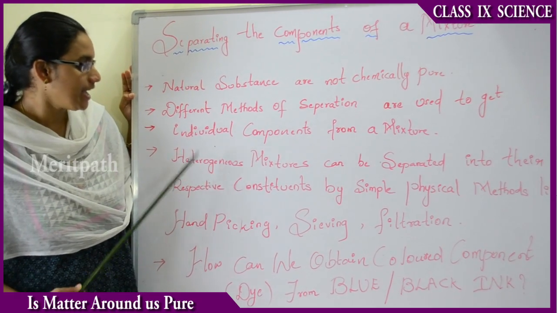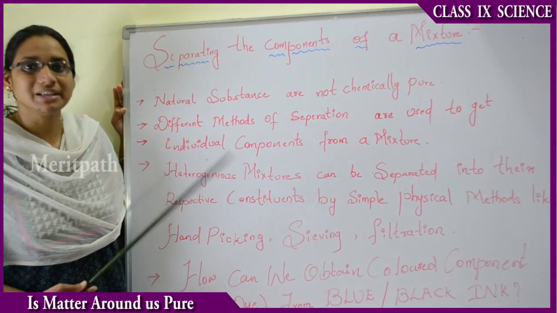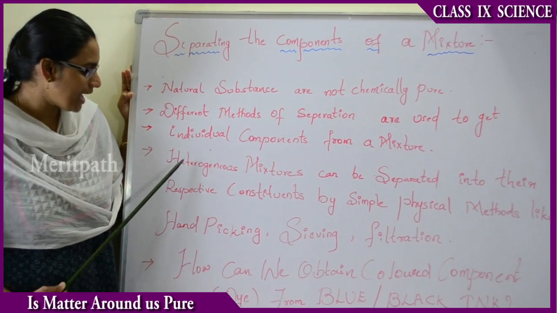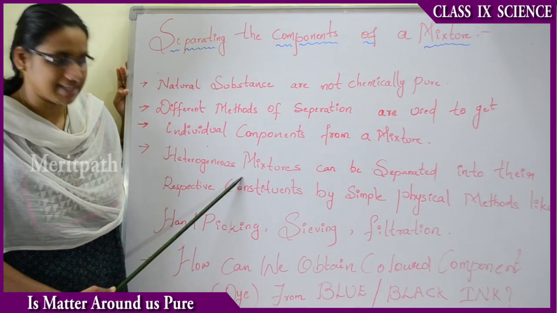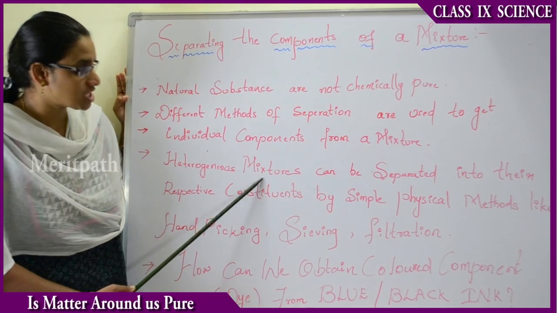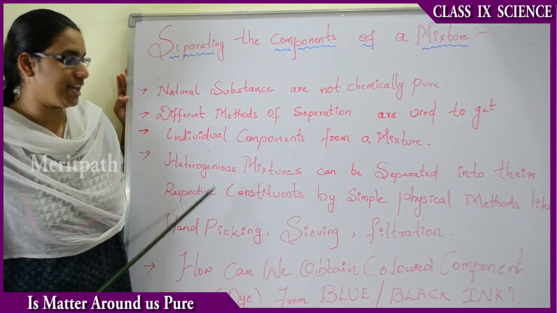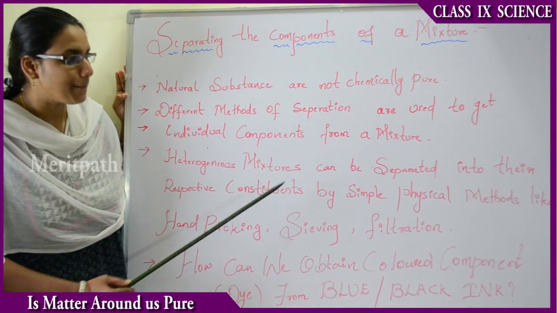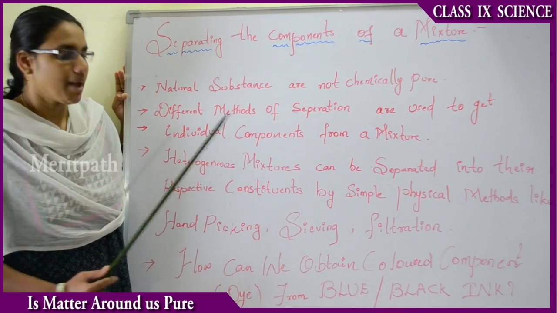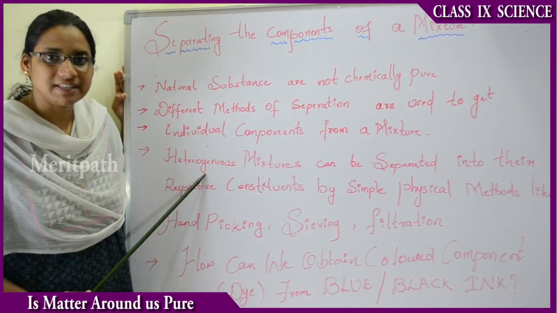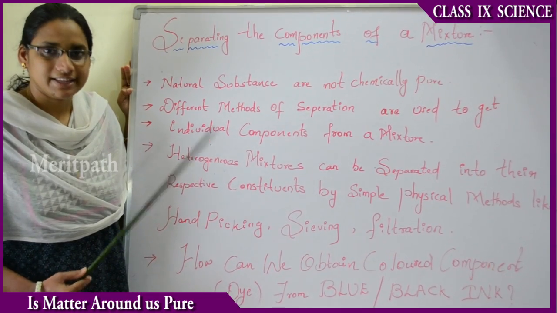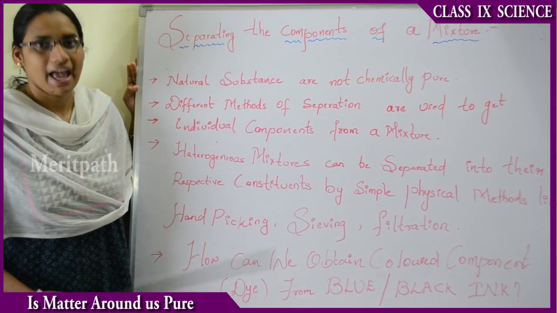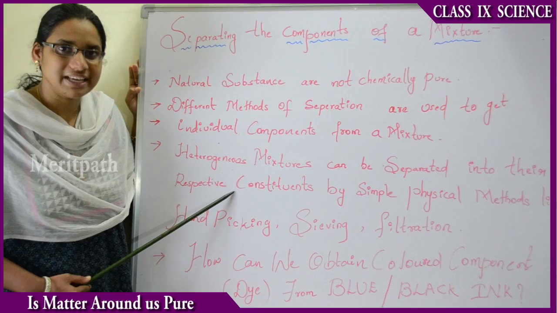And now let us see what type of mixtures can be separated. That is only heterogeneous mixtures. Only heterogeneous mixtures can be separated into their respective constituents by simple physical methods, because heterogeneous mixtures are formed by different types of substances having different chemical properties.